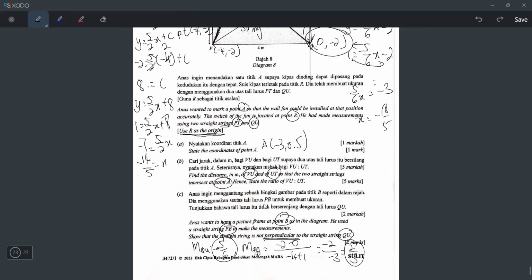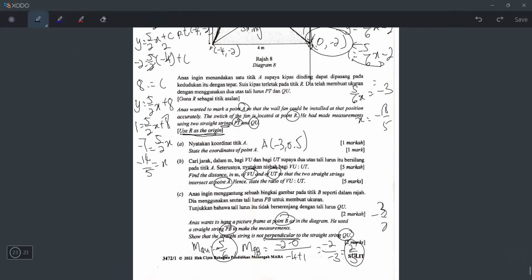They want you to show that they are not perpendicular, right? So yes, they are not perpendicular, because if the gradient of PB is 2 over 3, then the gradient of the line perpendicular to it would be negative 3 over 2, because you flip and change the sign. But it's not; this is negative 5 over 6.